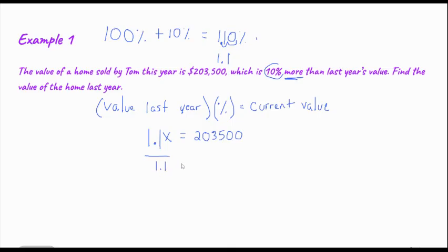We divide by 1.1, and we're going to get a value of 185,000. Now, let's take a second to appreciate the simplicity of this.